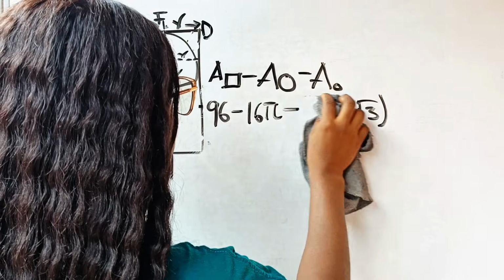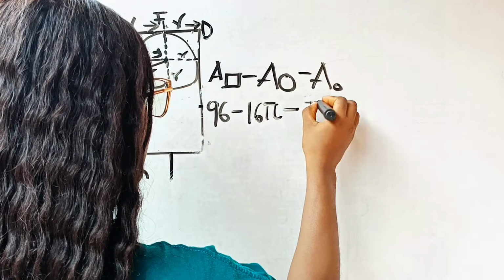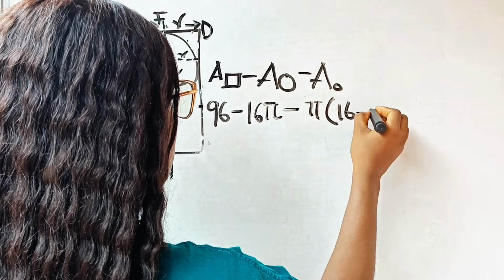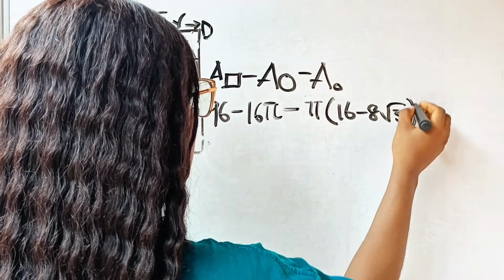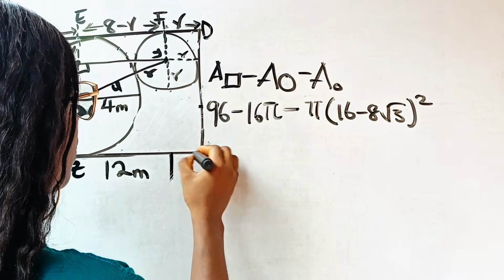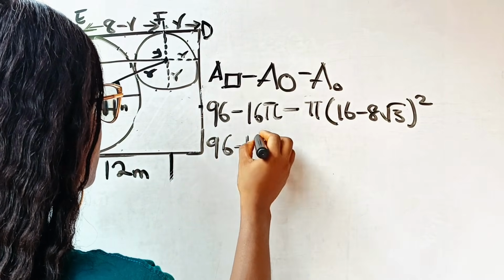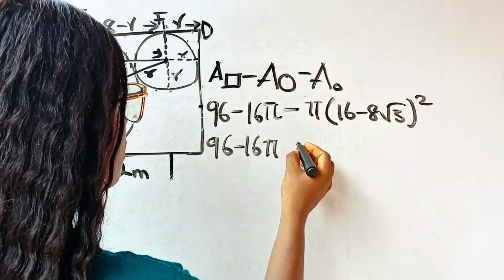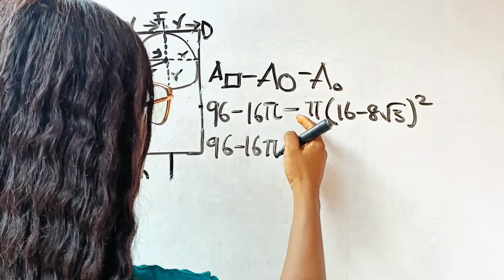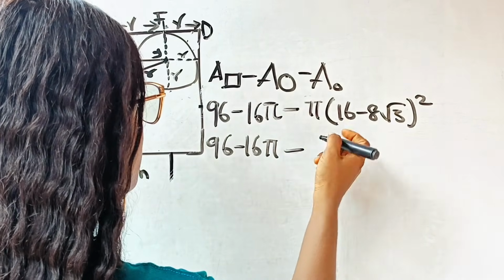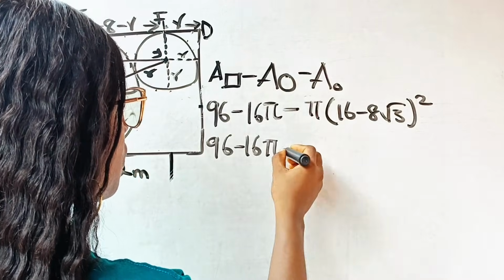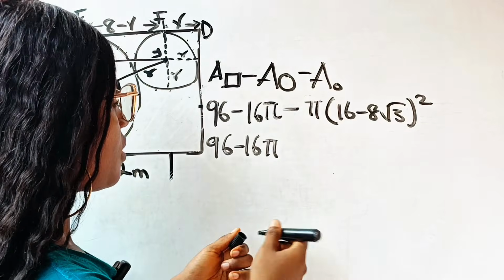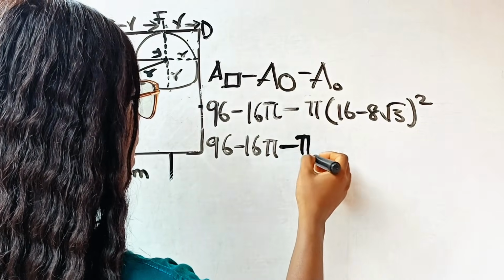So it's going to be pi bracket 16 minus 8 root 3 squared. So if we solve, we have 96 minus 16 pi, then minus pi times this. Okay, let's expand this first. So let's continue. So we have minus pi bracket.